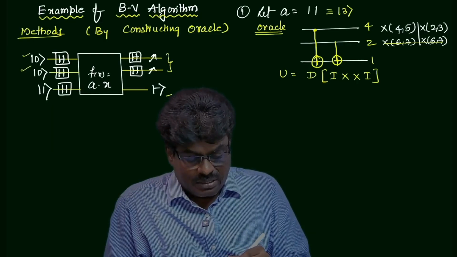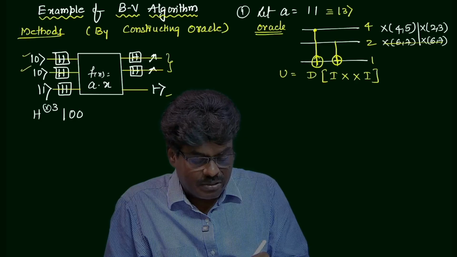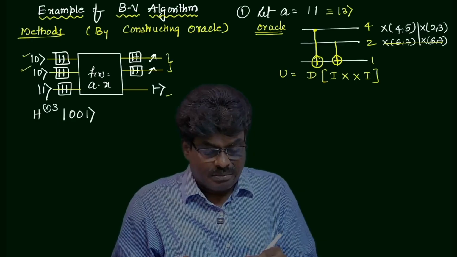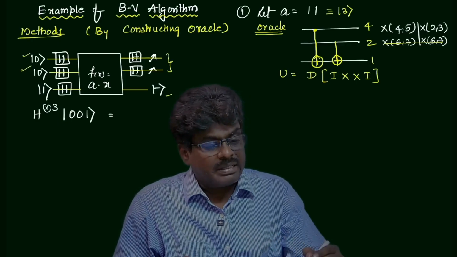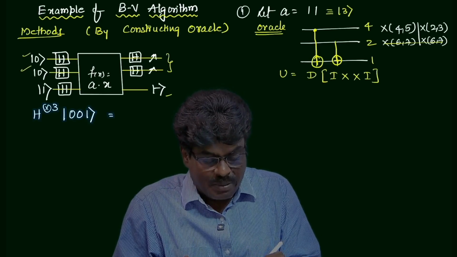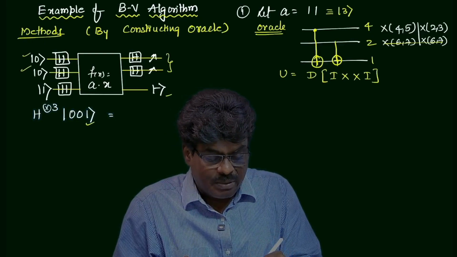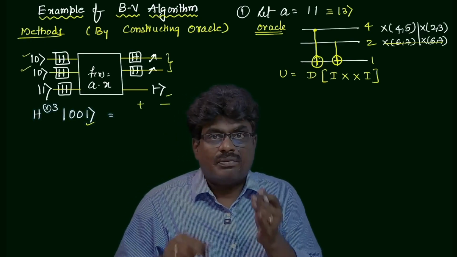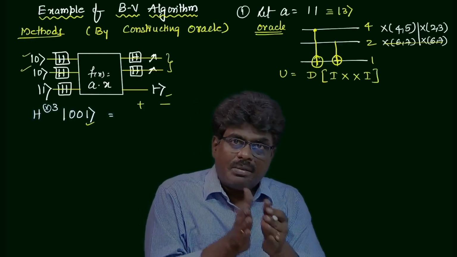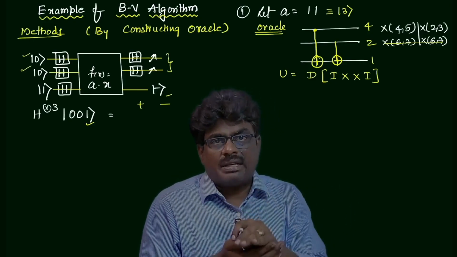Now let us solve this circuit. Here we have H tensor 3 operating on 0 0 1. I hope you have attended the quantum parallelism class, where I explained one small technique to write this value. There are 3 qubits, and the first one is 1, so it starts with plus minus. If a 0 comes, repeat the earlier signs as they are. If a 1 comes, multiply with an extra minus.